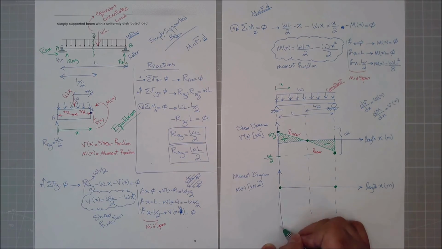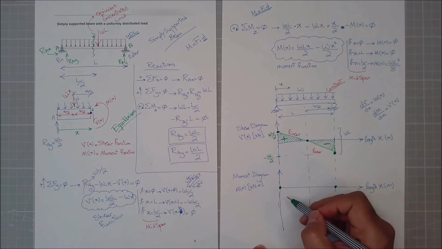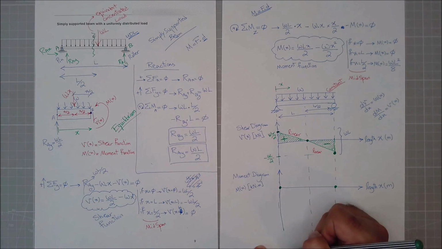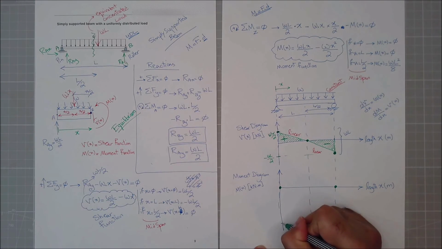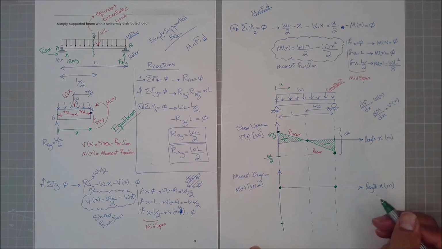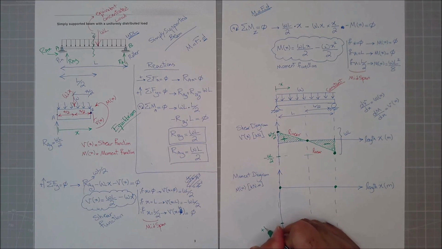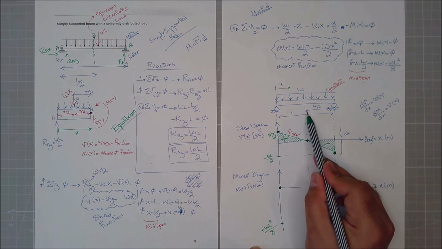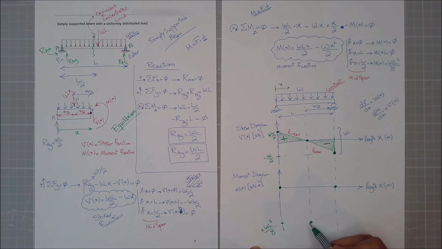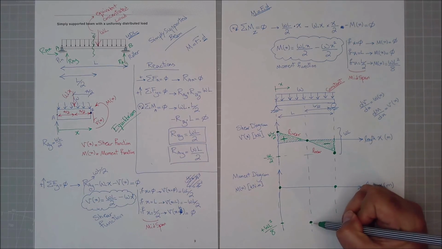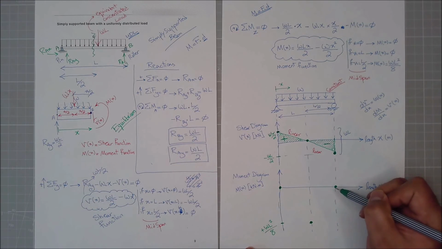We said for moment, it's easier to consider positivity as downward because you are drawing it for the tension side. We will discuss it in a second. So let's say positive WL to the power of 2 divided by 8. So at x equals L divided by 2, my moment is over there. Now, how do I know whether this is a straight line or cubic line or parabolic line?